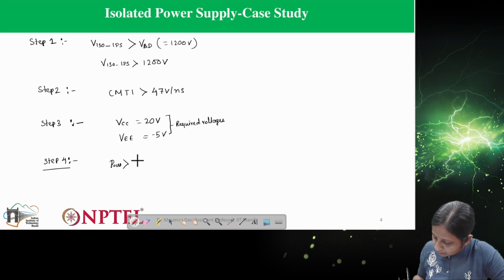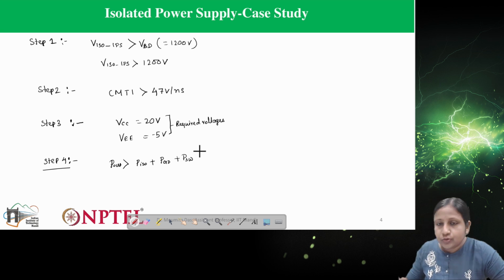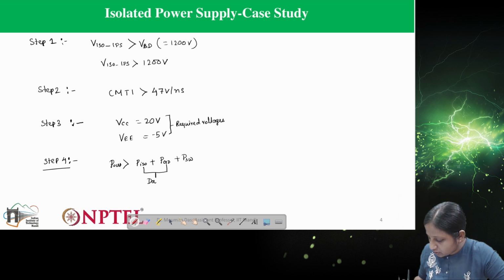We have already represented these as the power loss in the isolator, the power loss in the gate drive as PGD, and the switch power loss which is required to charge and discharge the gate capacitor or the input capacitor.